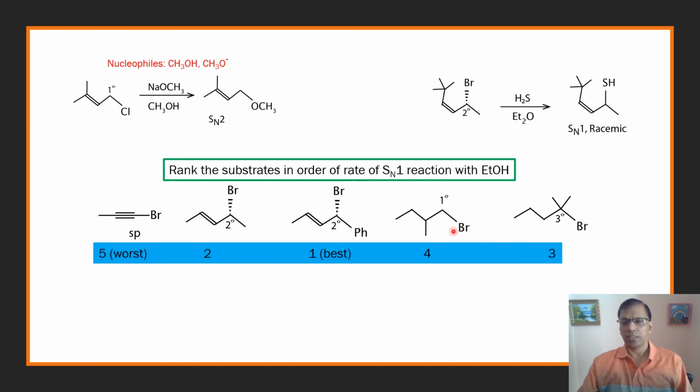SN1 reaction involves carbocations, and so primary halides cannot give primary carbocations because primary carbocations are not very stable, and hence this particular primary halide is ranked number 4.